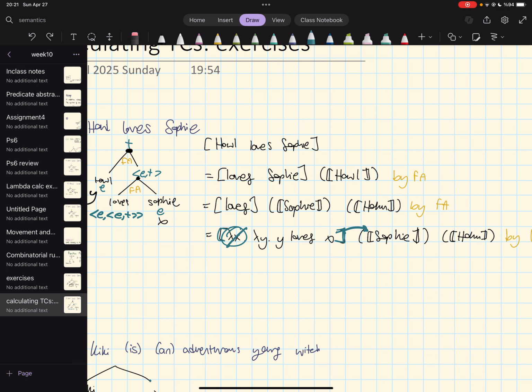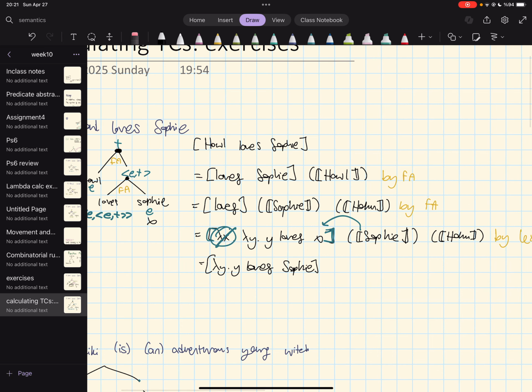So Sophie comes first. Sophie will eliminate lambda x and take the place of x. Therefore, I get lambda y such that y loves Sophie, because instead of x, I'm writing Sophie. Now I still have one more argument, which is Haku.